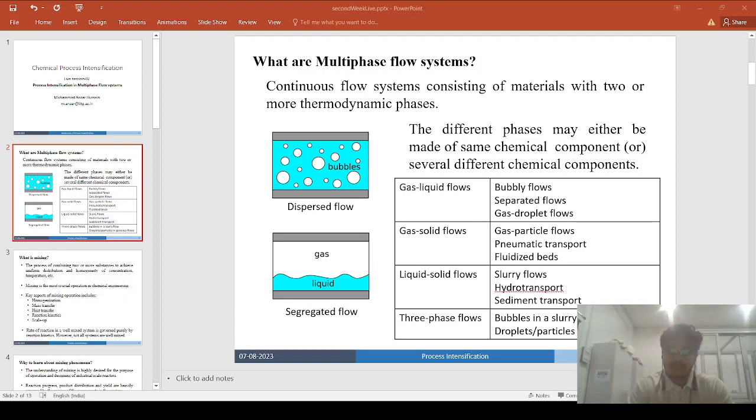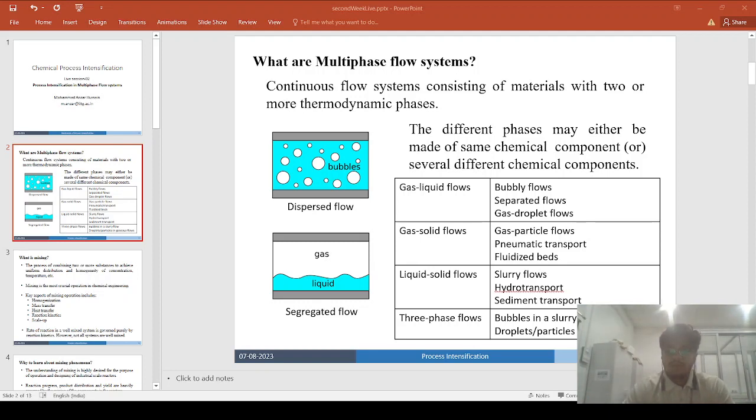The crystals of copper sulfate are the solid here, and the liquid is the aqueous solution of copper sulfate. That was the example of crystallization, solids suspended in liquid. Another example is the flow of liquid through a solid, like porous media flow, where the liquid is the bulk.